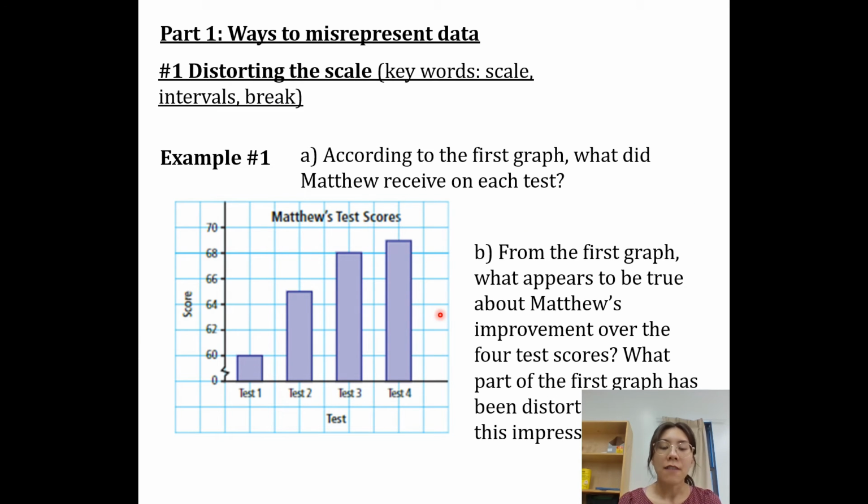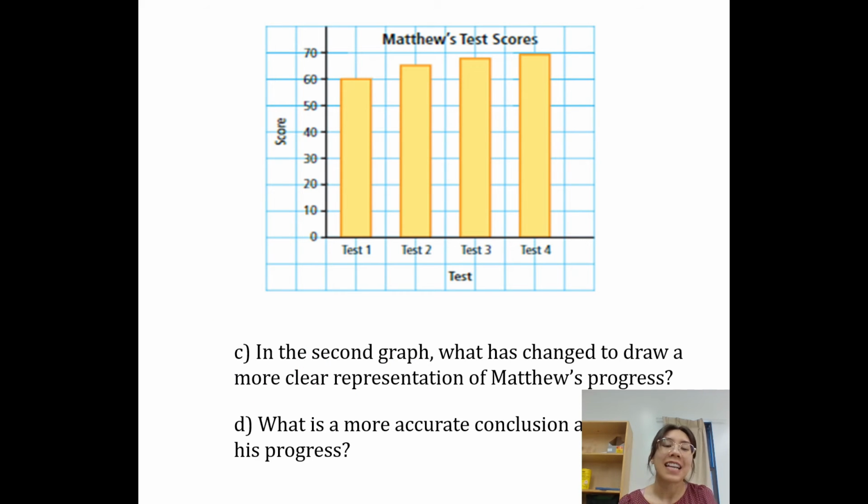Now, from this graph, it makes it seem like Matthew improved tremendously from test 1 all the way to test 4. The impression is that in test 1, he didn't do well at all, but he did pretty well in test 4. Now, let's take a look at the second graph that represents the same information.